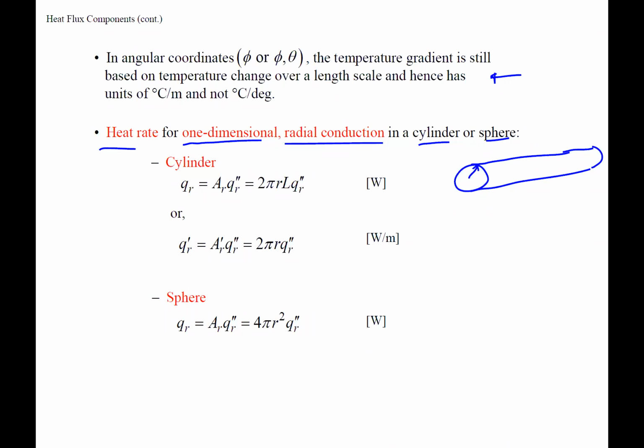Let's say we're looking at the outer surface. Then this is the area times the heat flux in the radial, and we have a nice equation for the surface area.